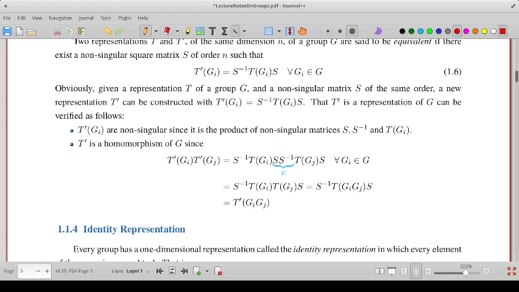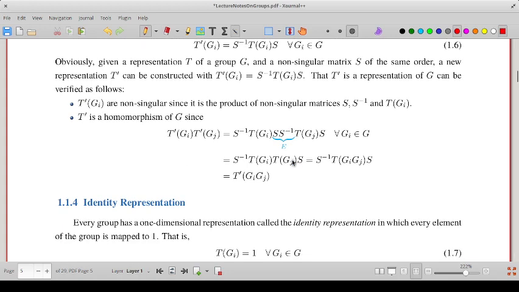But that is simply the identity matrix, the unit matrix. And then the unit matrix times T(Gi) is simply T(Gi). So what we have is now S inverse, T(Gi), and then this is identity times T(Gj), which is T(Gj), times this S.